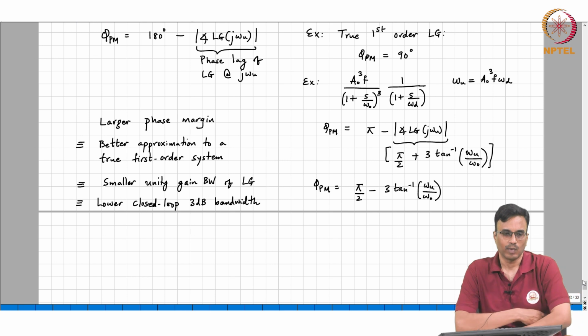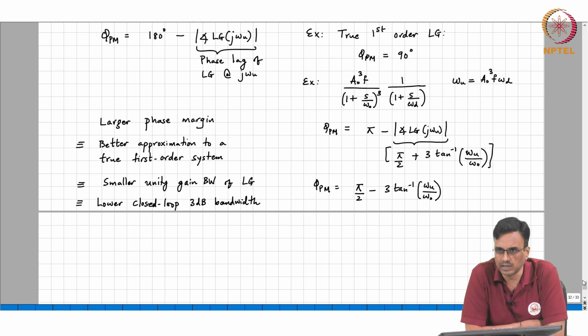So, one thing is to say, well, I want 90 degree phase margin, okay, then what should you do? You have a high order system. You can't wish it away and say, I want this to become a first order system, correct. But if you want a very high phase margin close to 90 degrees, what will you do? The only control you have is on the dominant pole frequency. What will you do to get a large phase margin?